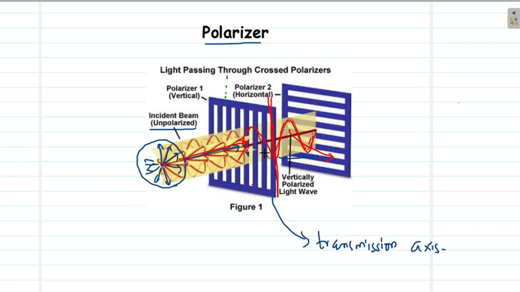Now what can we use to make this polarizer? Usually certain crystals or prisms like the Nicol prism, or materials in which the transmission axis is aligned, such as Polaroid sheets. So these are often used as polarizers.